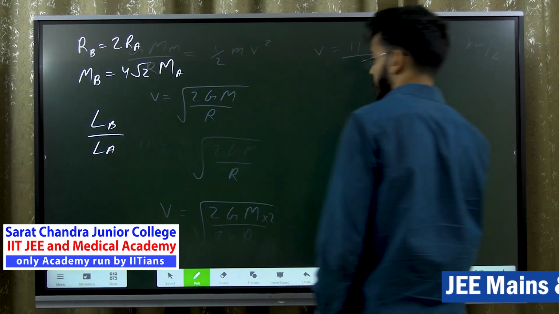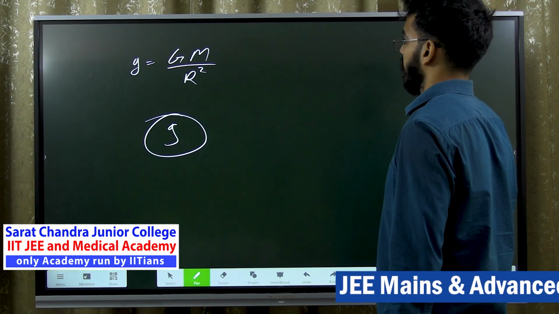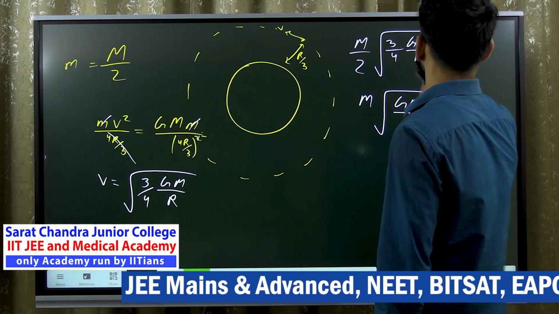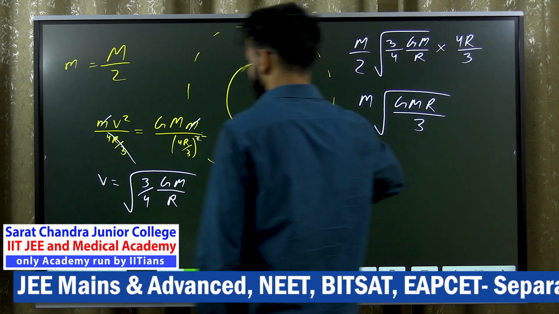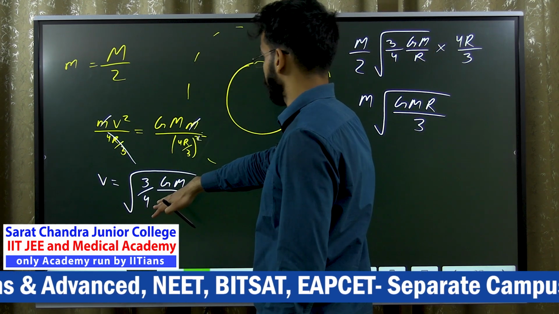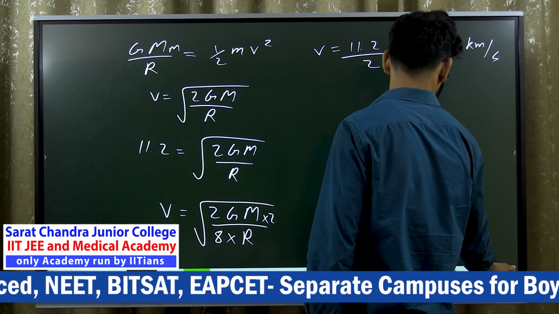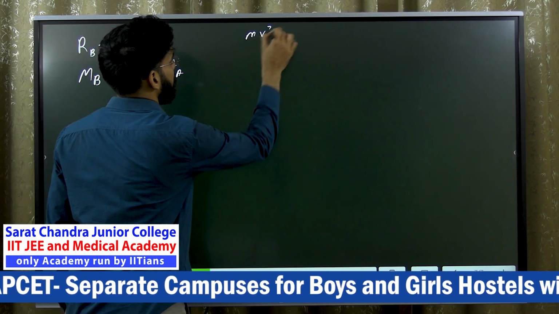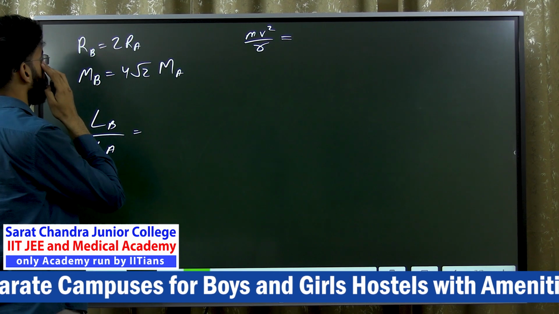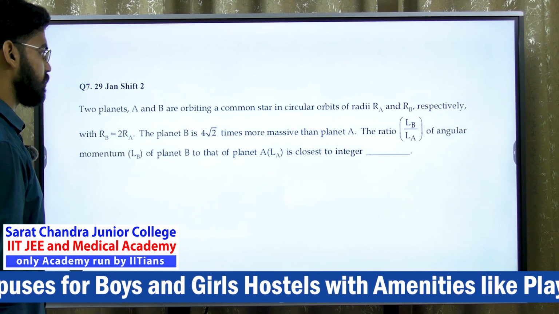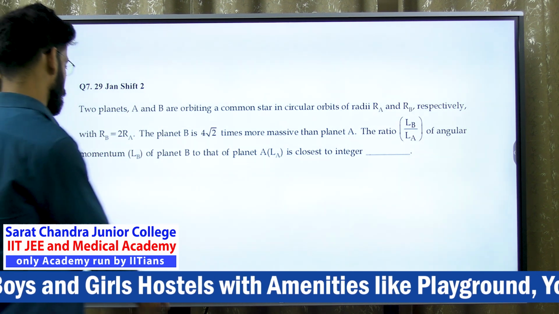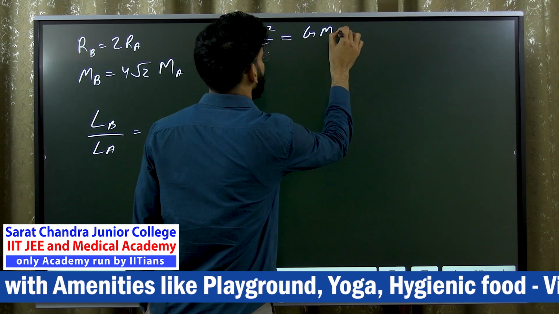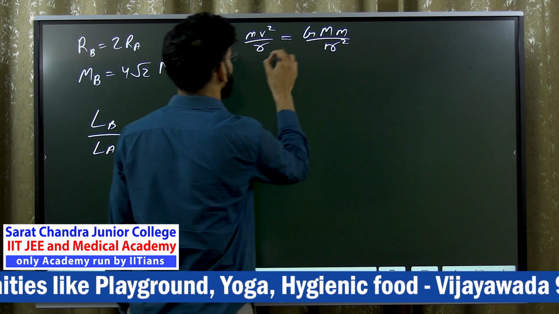See, angular momentum we have also calculated. MVR, that's it, right? Angular momentum is what? MVR. So MV square by R, whatever radius it is revolving in. For a planet, MV square by R is equal to GM by R square, right? So how much is the V?